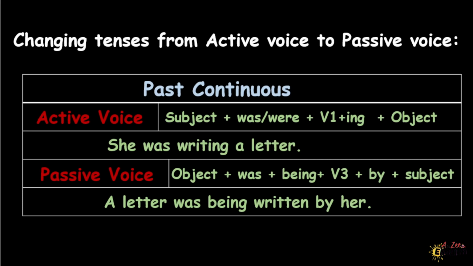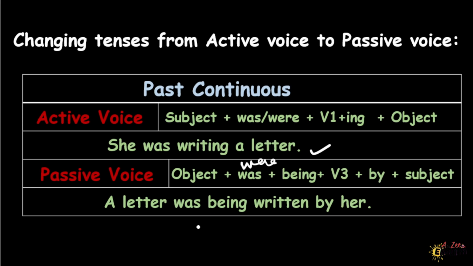Here is the sentence structure of past continuous for active voice, that is subject plus was plus first form of verb plus ing plus object. For example, she was writing a letter. In passive voice, it is converted into object plus was, or were for plural object, being plus V3 plus by plus subject.